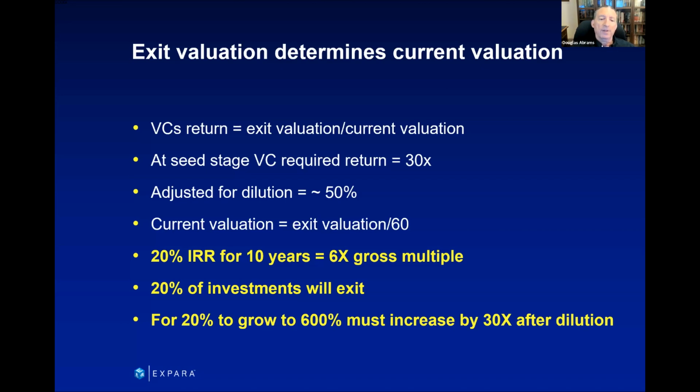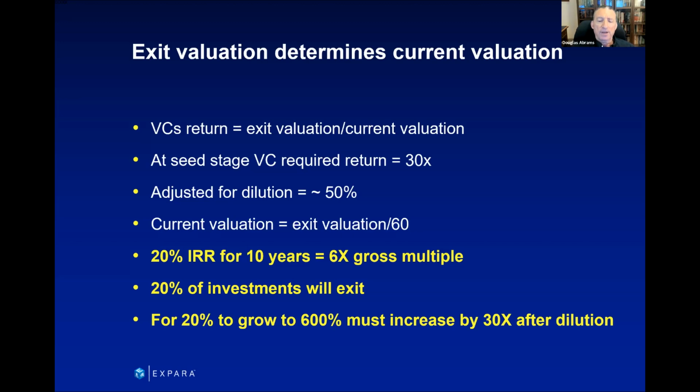If we use that formula, it would be true if the VC's stake at exit was the same as their stake when they invested, meaning that simple formula of dividing exit valuation by current valuation to calculate return assumes no change in the investor's equity. And this is not what's likely to happen, especially since we're looking at seed stage.